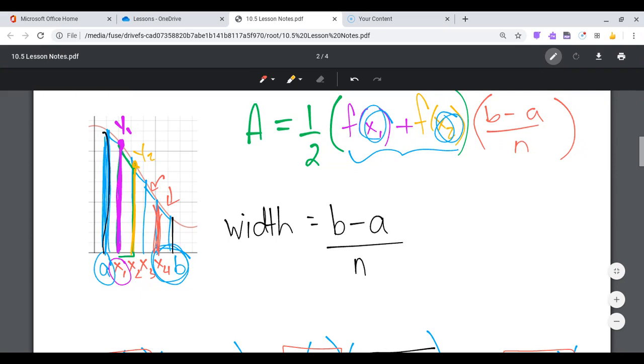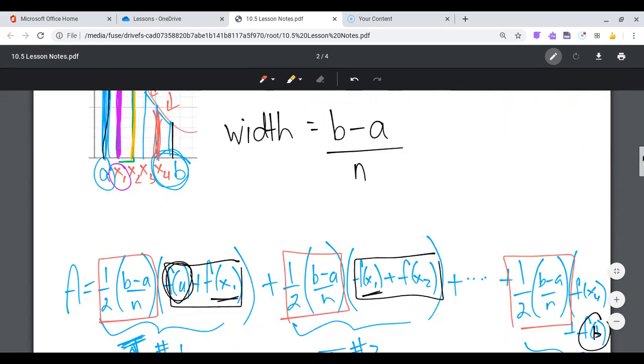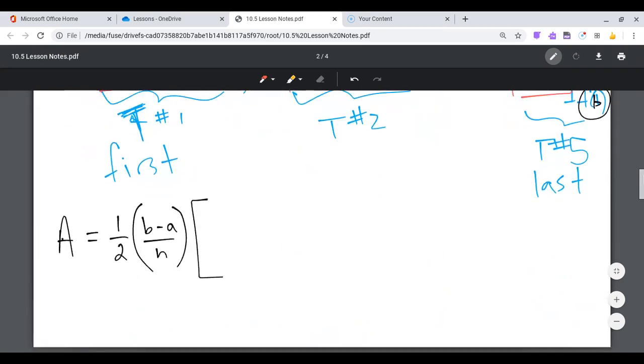So there's 2 of them, but only the first and the last ones have the f of a and f of b. So my formula then goes, I have 1 f of a plus trapezoid 1 uses f of x1 and trapezoid 2 uses f of x1. So really, let's just write that as 2. We have 2 of those.